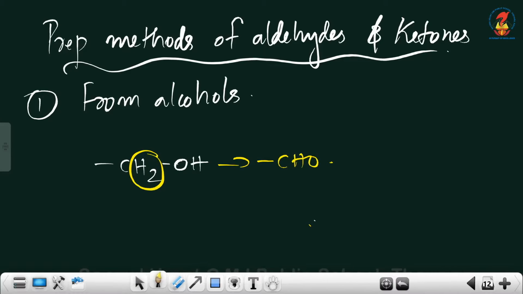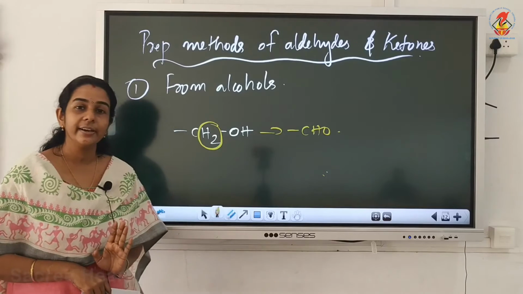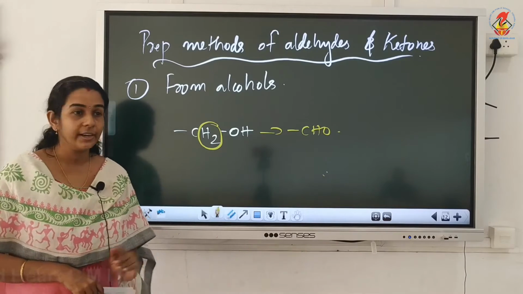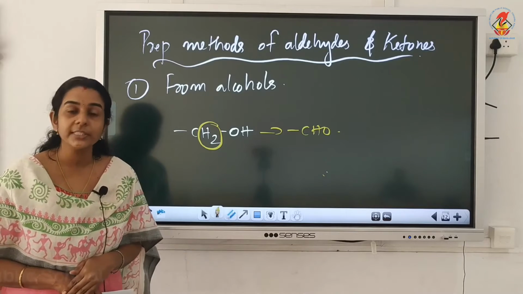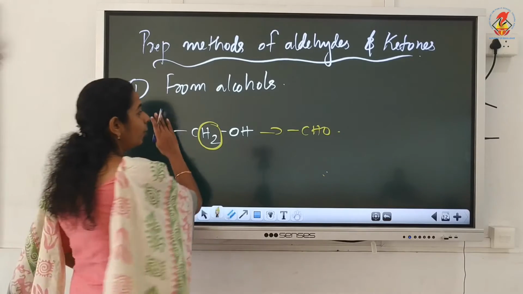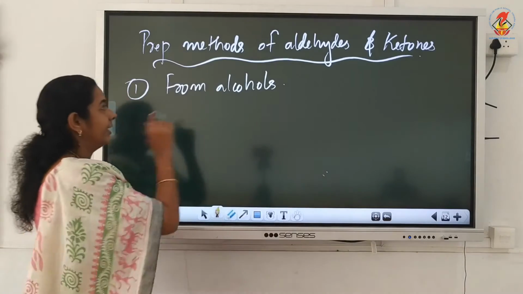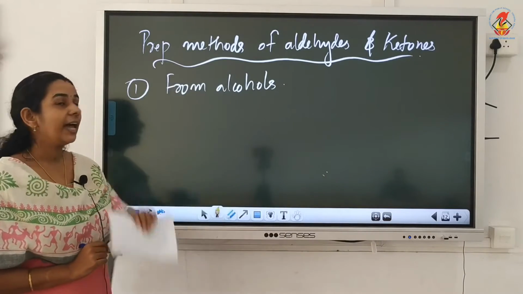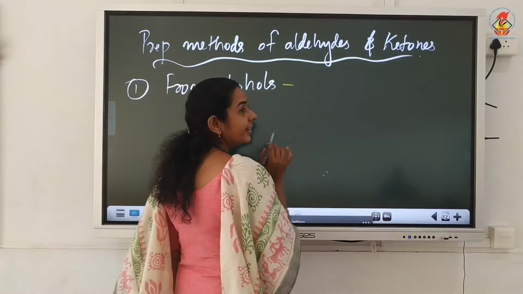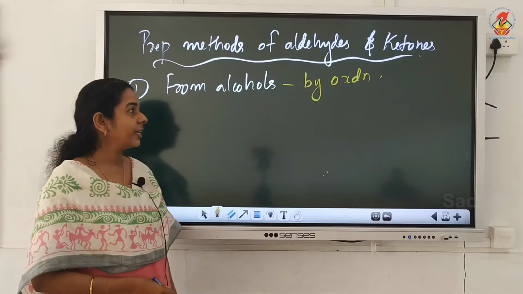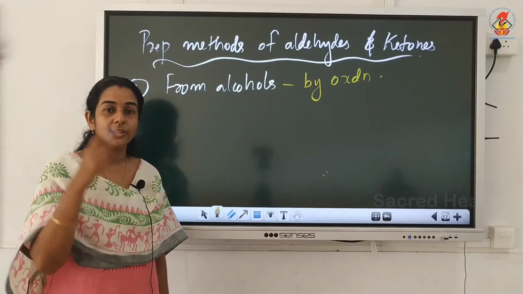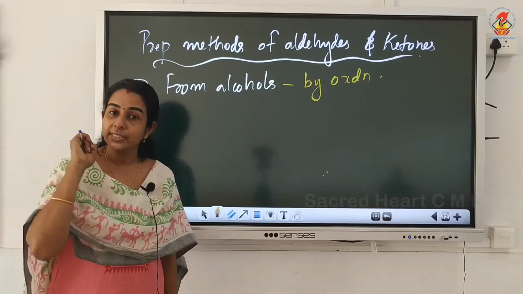So, how can we convert primary alcohols to aldehydes? By removing hydrogen, and the removal of hydrogen is known as oxidation. So from alcohols, how can we prepare aldehydes and ketones? By oxidation. Before we study the oxidation reaction, let us revise the oxidizing agents.